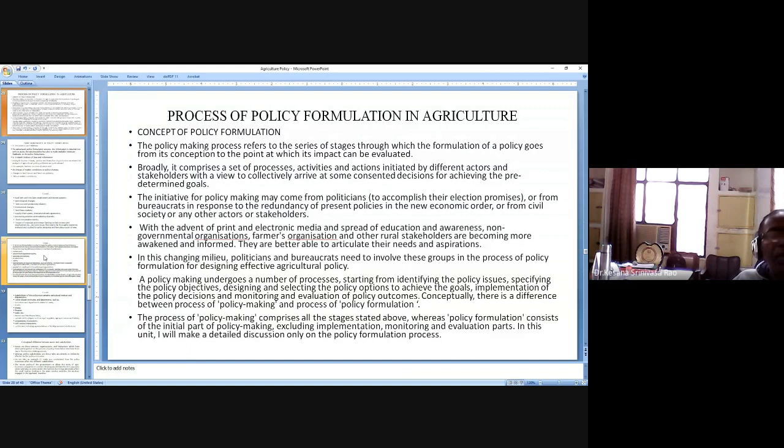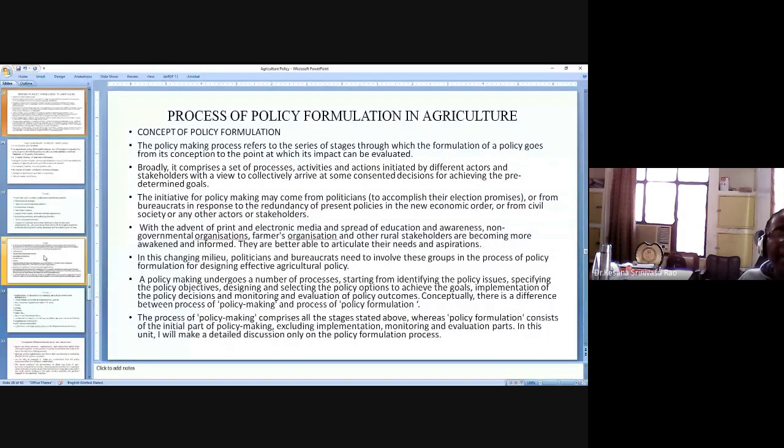Broadly, it comprises a set of processes, activities and actions initiated by different actors and stakeholders with a view to collectively arrive at consented decisions for achieving predetermined goals.